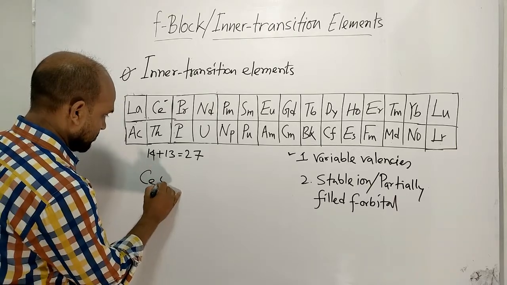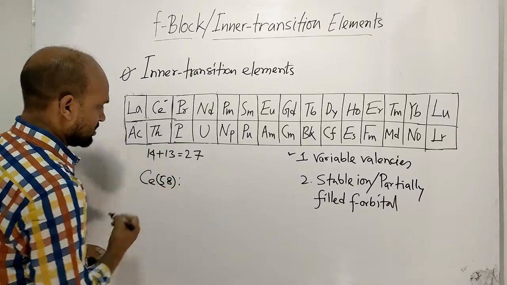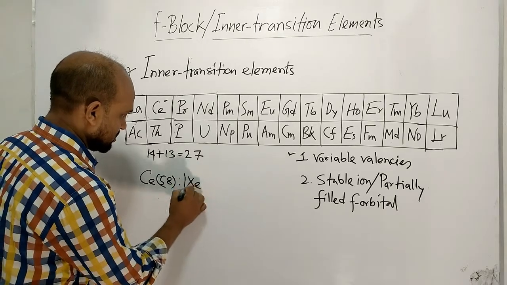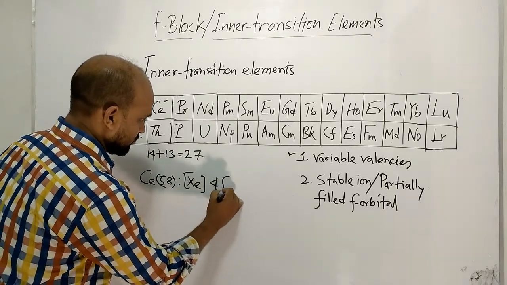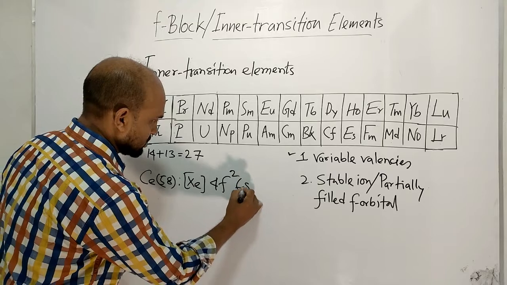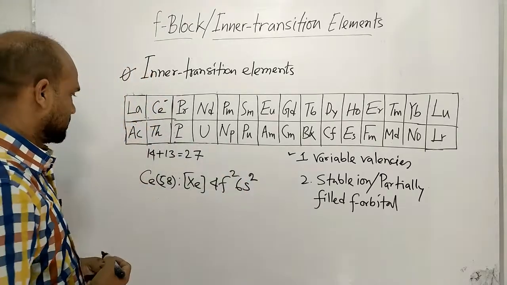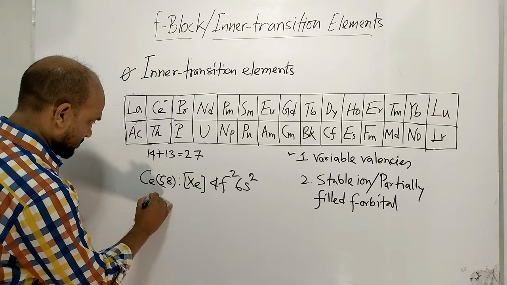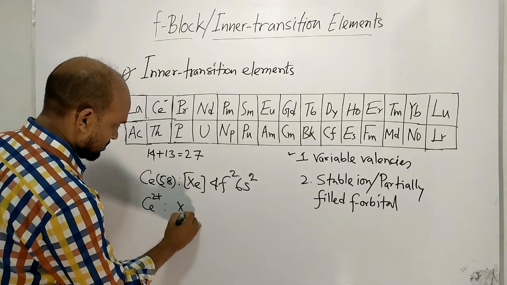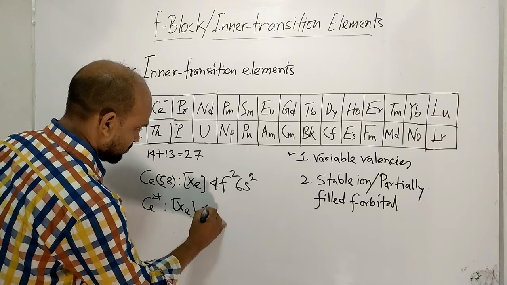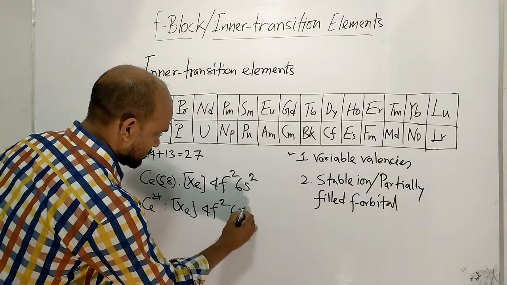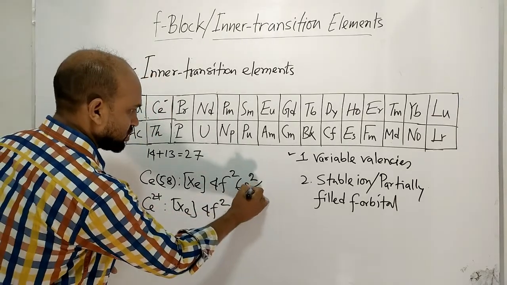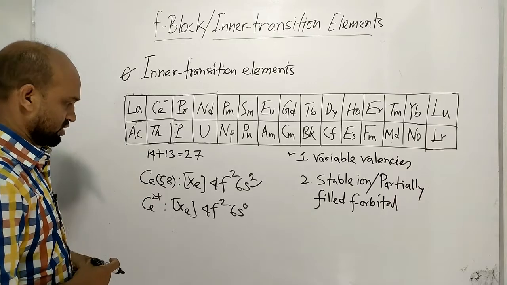This is cerium, atomic number 58. Electronic configuration is xenon, then 4f2, 6s2. The ion of cerium is xenon 4f2, 6s0. That means these two electrons will go away.